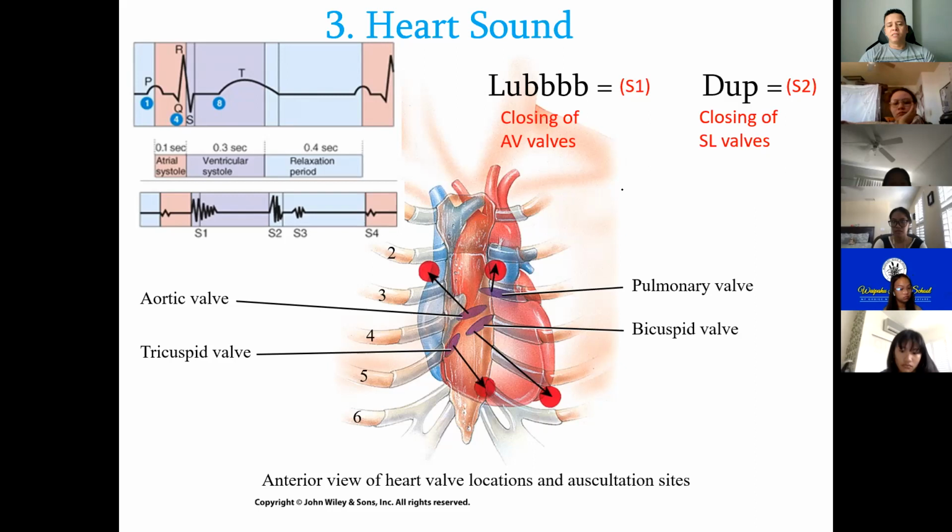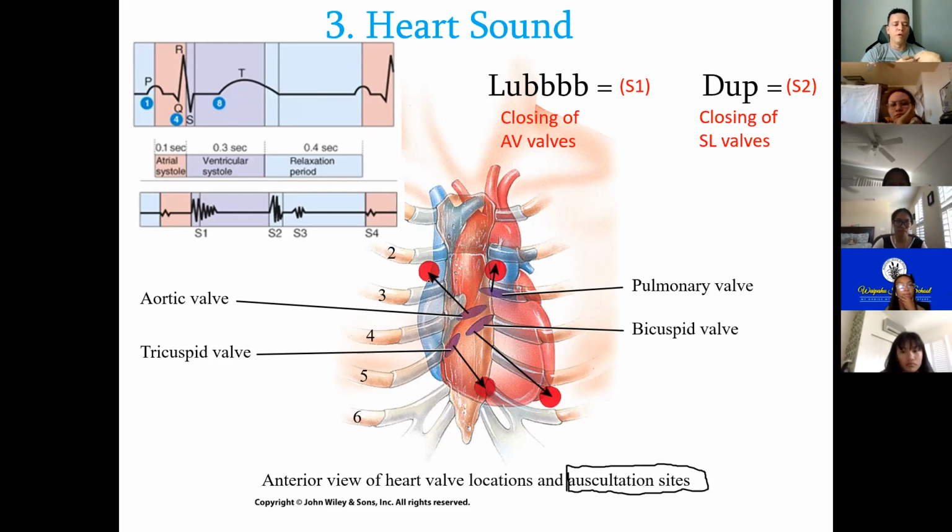And we have specific auscultation sites. What are these? Auscultation sites are specific positions around our heart that doctors and scientists have mapped out, in which we're able to listen to each one of the separate valves.